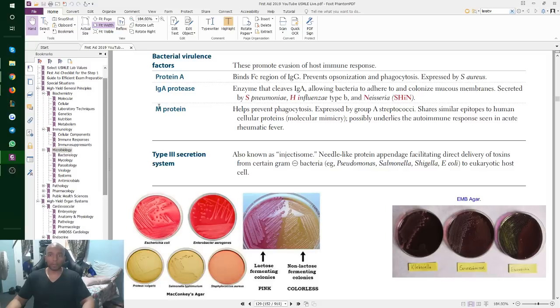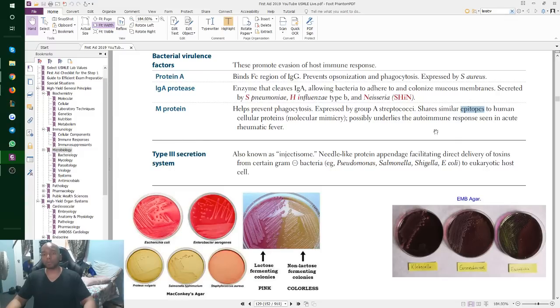Last thing here is M protein, which is usually related to group A streptococci. It helps prevent phagocytosis, which is fine, but it also causes a major issue. It shares a similar epitope to human cellular proteins, and we talked about what an epitope was. When we looked at the Fc region of IgG in immunology, we saw that this was connecting to an epitope to then cause antibodies to be formed, and you attack the bug that has that epitope.